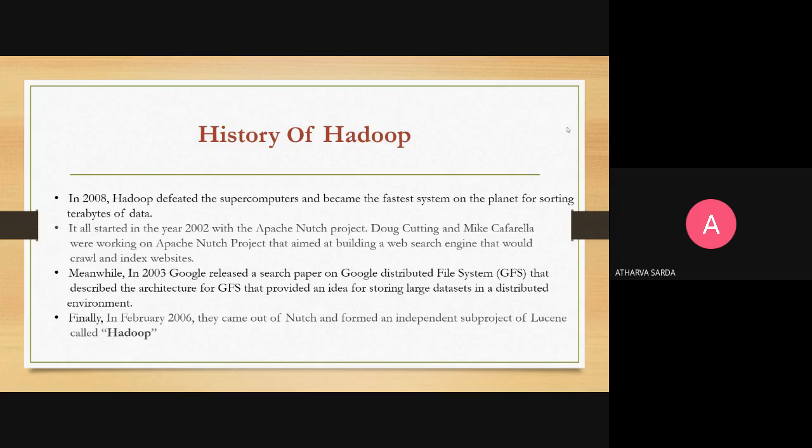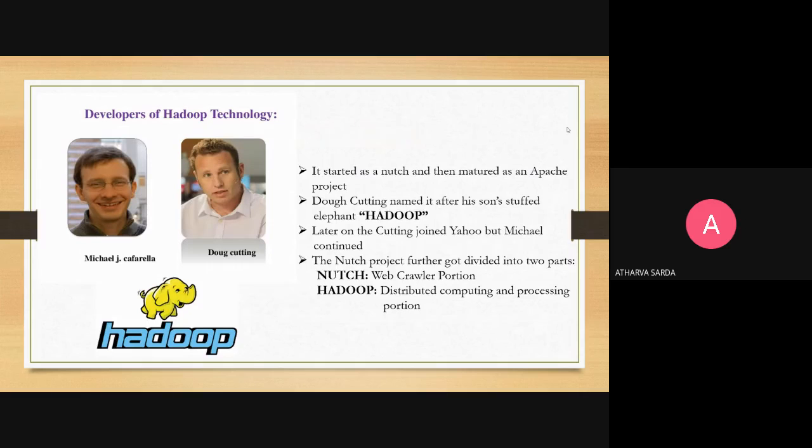These are the two gentlemen who developed the Hadoop technology. Well, as we saw, it started as Nutch and then matured as an Apache project. The naming story is quite funny. Doug Cutting, the developer of Hadoop, was trying to find a name for this technology, but unfortunately, he was unable to find one. So one day when he went home, he saw his child playing with a toy elephant, and when he asked what it is, the child said it is Hadoop.